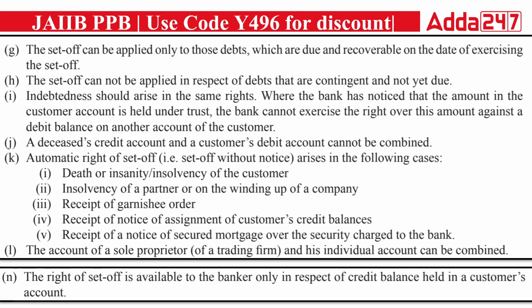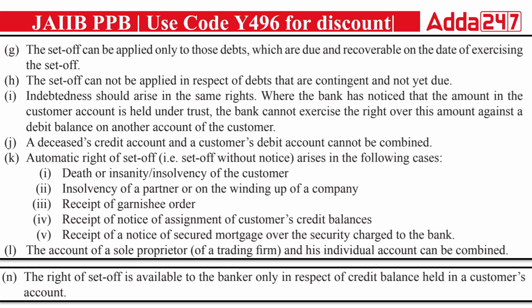Also, the automatic right of set off arises in certain cases, that is the death, insanity or insolvency of a customer, insolvency of a partner or the winding up of a company, receipt of a garnishee order, receipt of notice of assignment of customer's credit balances, receipt of a notice of a secured mortgage over the security charged by the bank. So, if any of these situations arises, the automatic right of set off can arise.